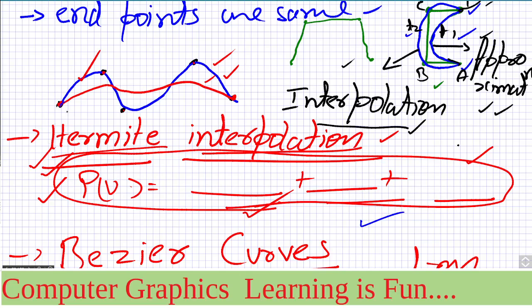Let me change the color. It will go a little more near the points, however it need not go to the points. Sometimes it may also go through the points if there are more points here. So such kinds of curves may be there. That is the case of your interpolations and approximations.